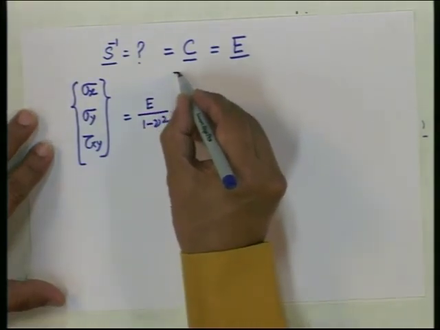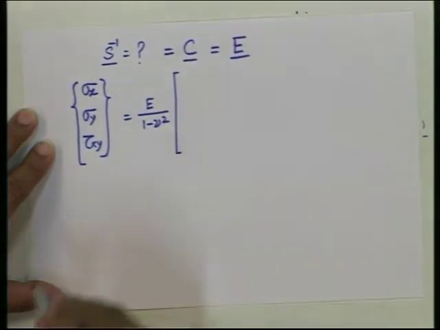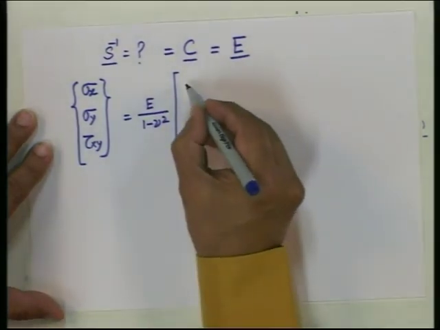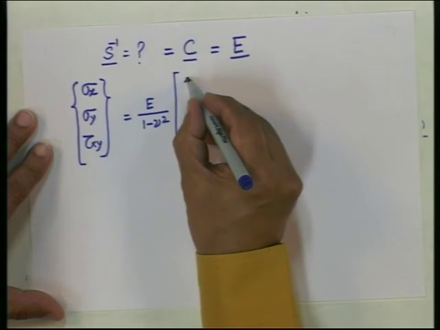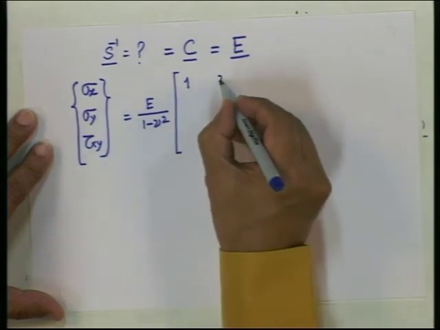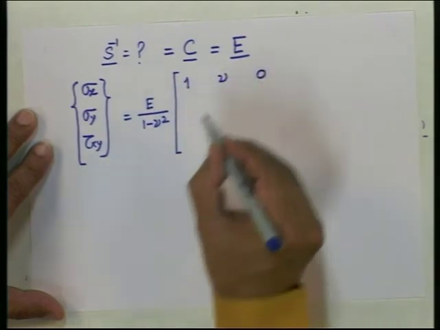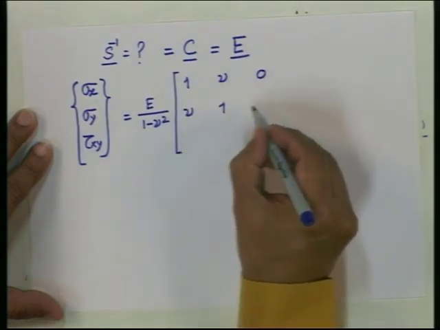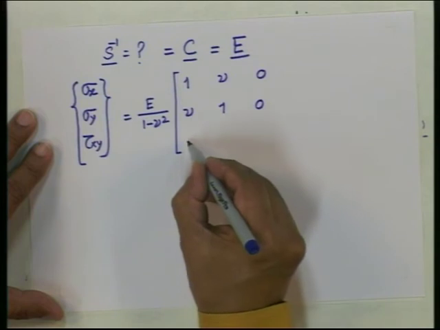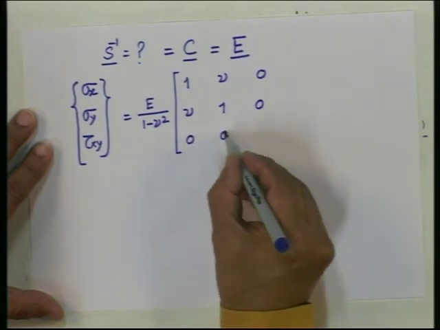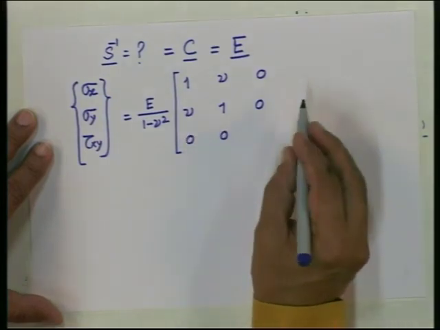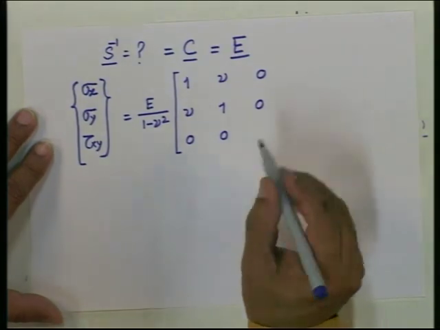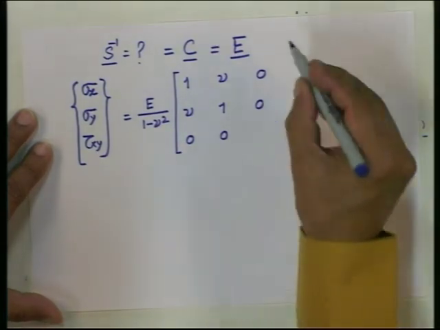If there is a mistake, I don't remember, but I think it is correct. Nu. This is nu, 1, 0. This is 0, 0. G is equal to, G is also equal to.